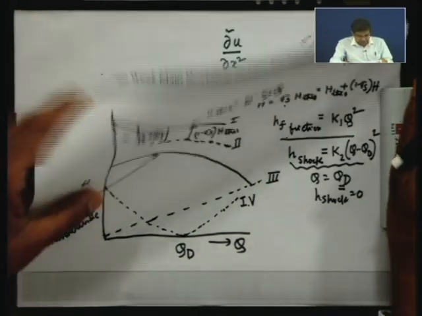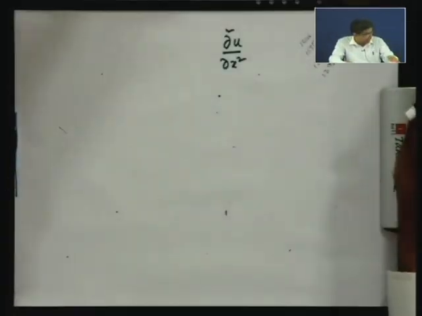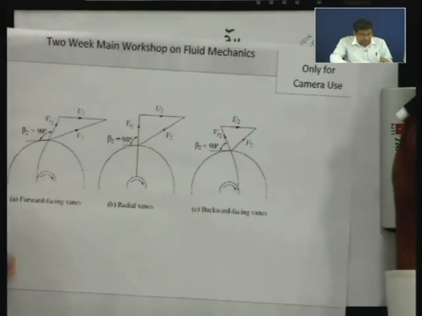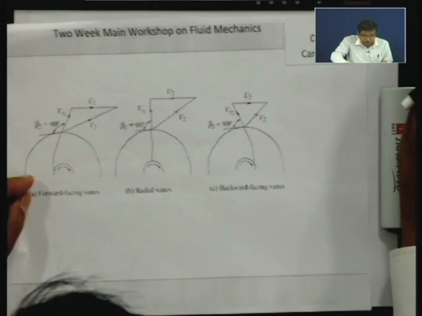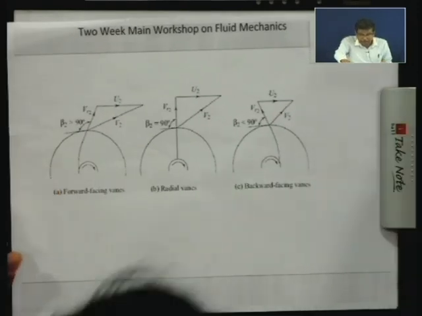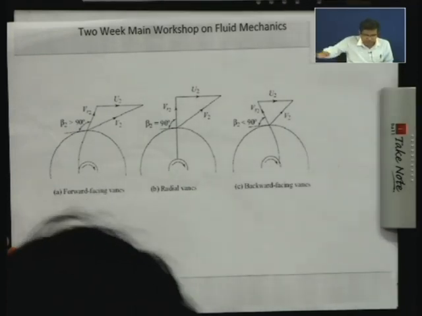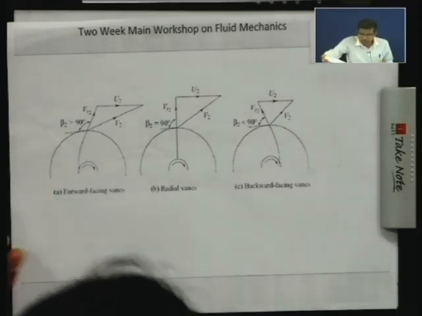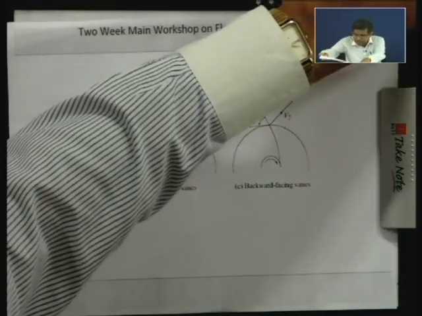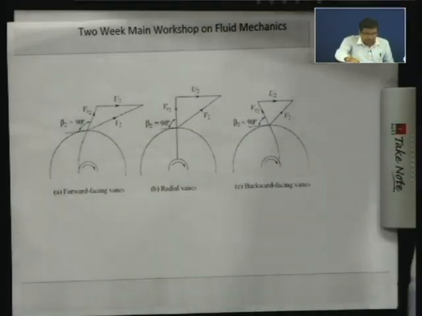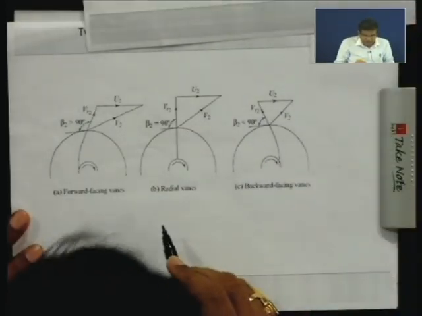Next is the different blade angles. Now I will tell you the influence of different blade angles on the HQ characteristics. So far we have considered only the backward curved vane.